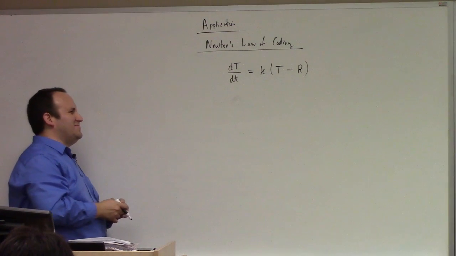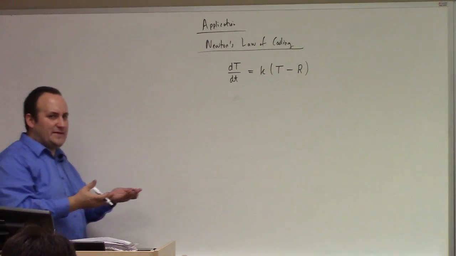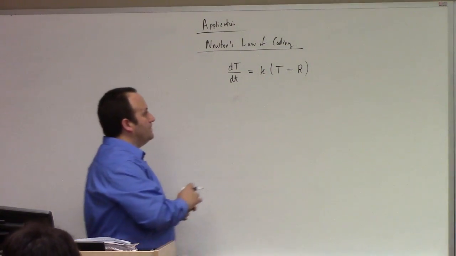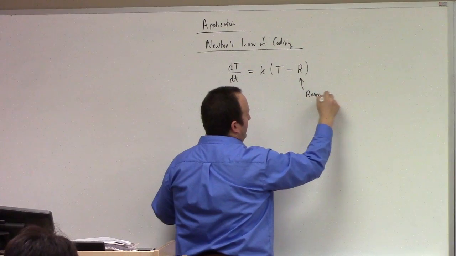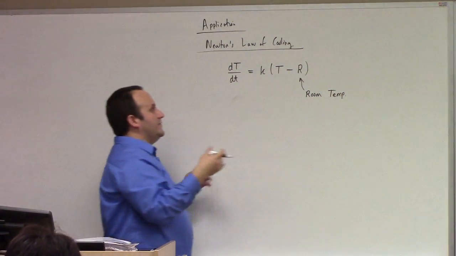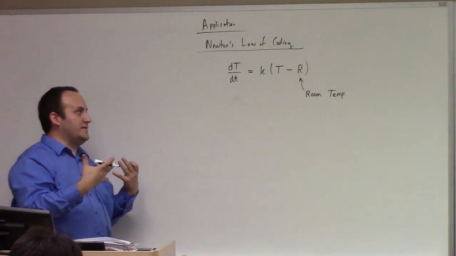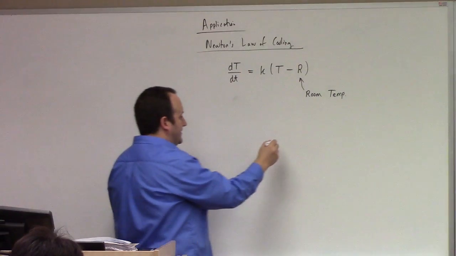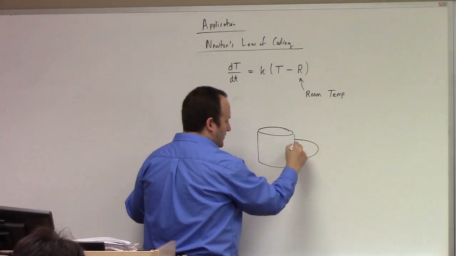Different books may put R minus T and make k positive or negative, but it's something like this. Here R is the room temperature. Does that make sense? What this is describing is the temperature in some object, like the cup of coffee I should have had before class, for example.